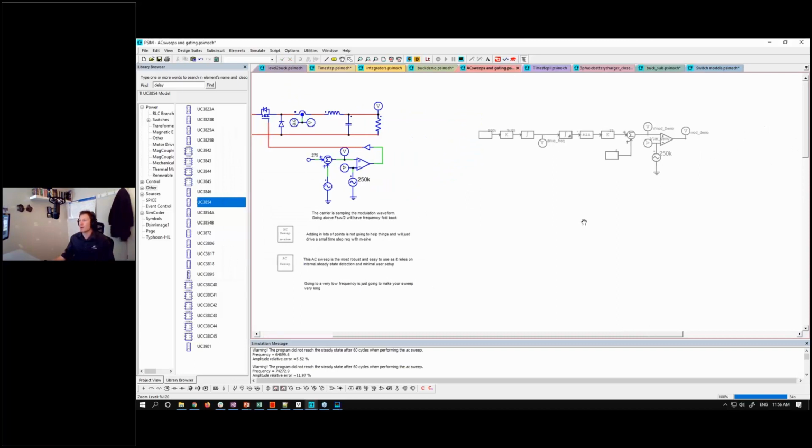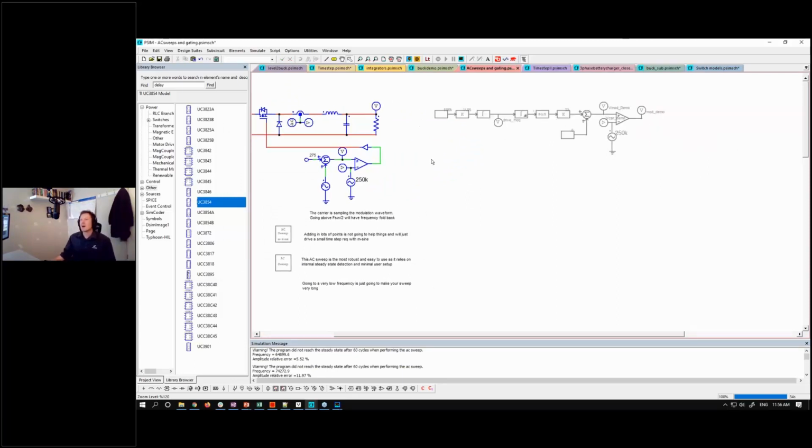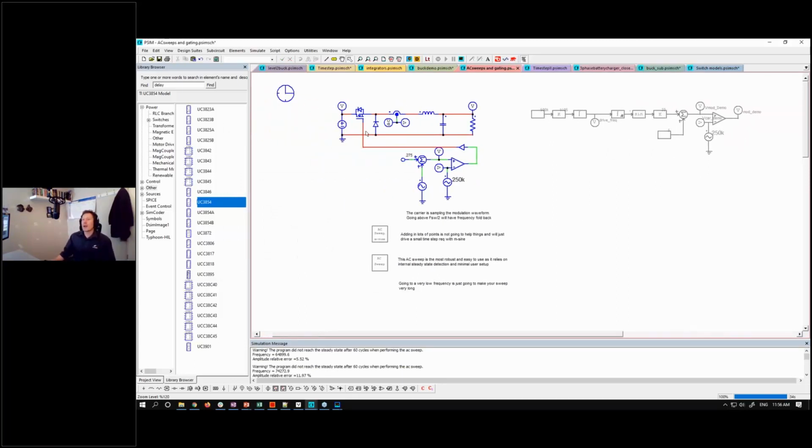I just want to talk about gating for a second. So when it comes to a frequency sweep in PSIM, PSIM runs time domain simulations. One of the things I see with people when they do frequency sweeps in PSIM is they will run it like it's a frequency analysis, like LTspice, where you can run from 0.1 hertz up to 10 megahertz, and there's going to be no computational issues with that.